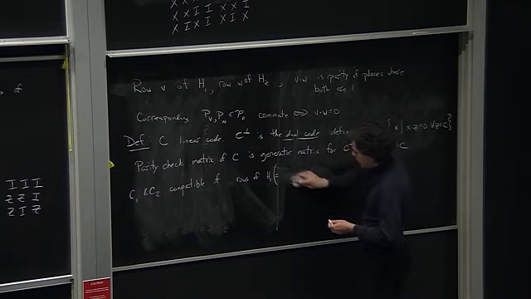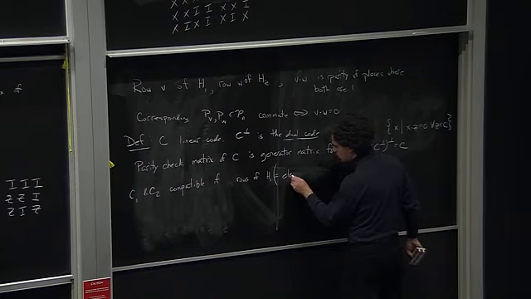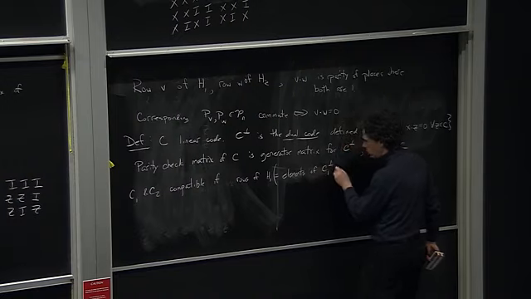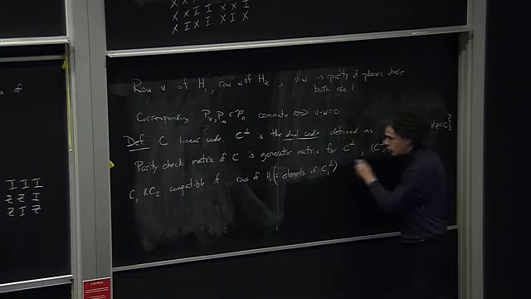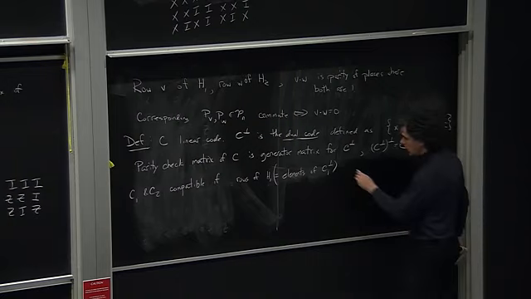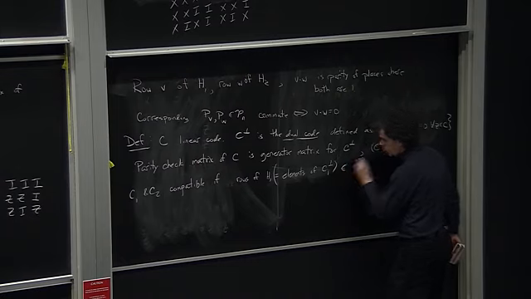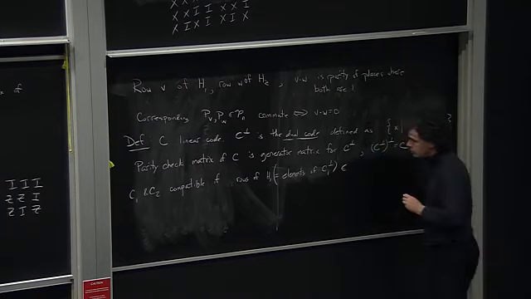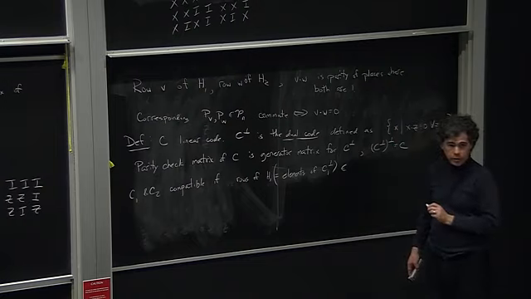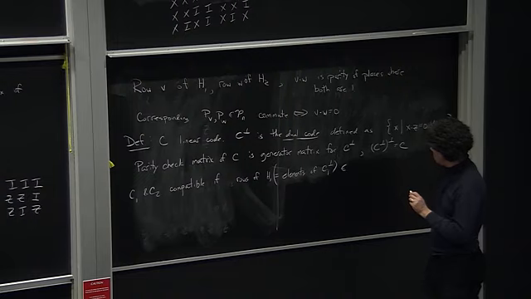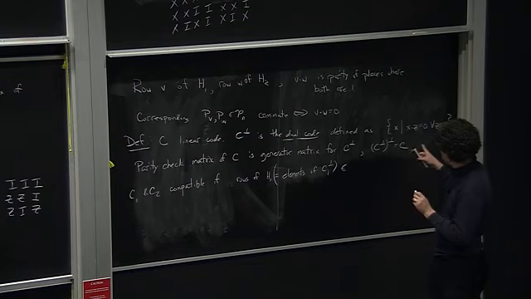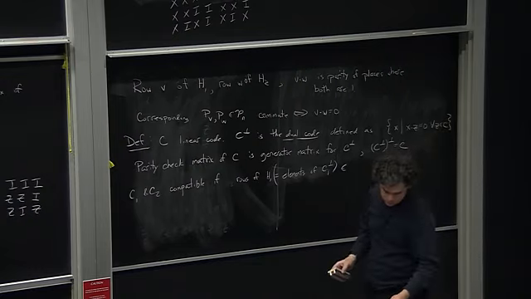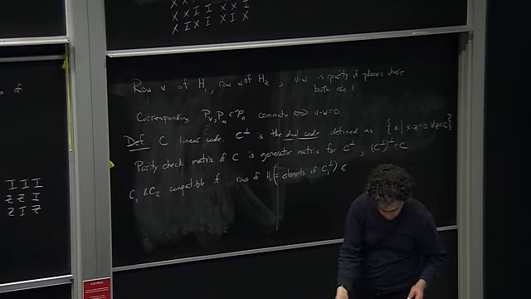So that's elements of the dual code. So if you have elements of the dual code, they have to be inside the dual code for C2. Is that right?